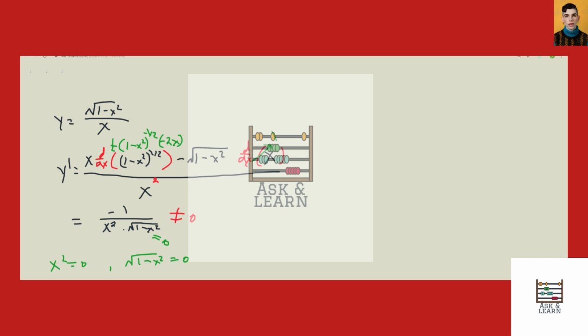That tells us x is equal to 0, or x is equal to plus or minus 1. We can get rid of x equal to 0 since our original function is undefined at this point, and we can get rid of x equal to plus or minus 1 due to these being endpoints on our domain. So we really don't have any critical points for this one.